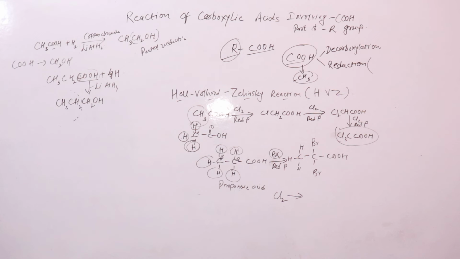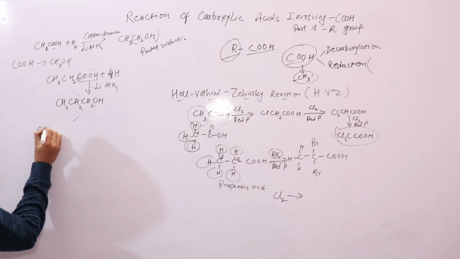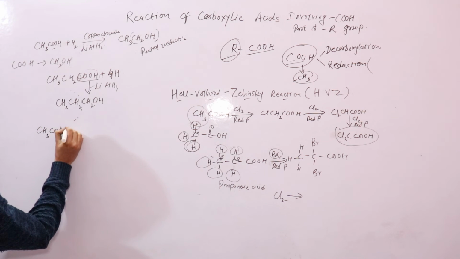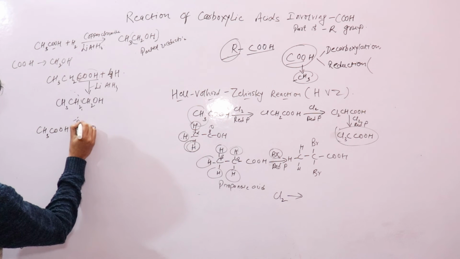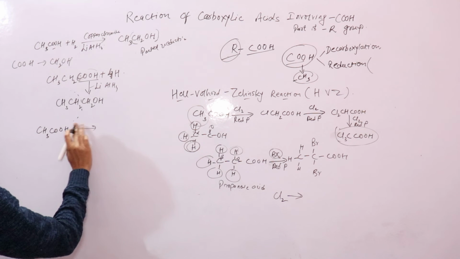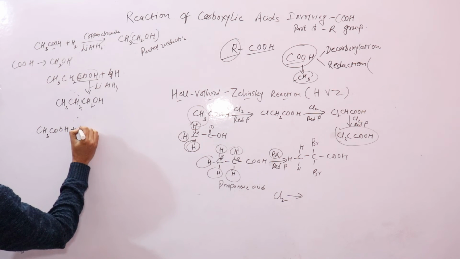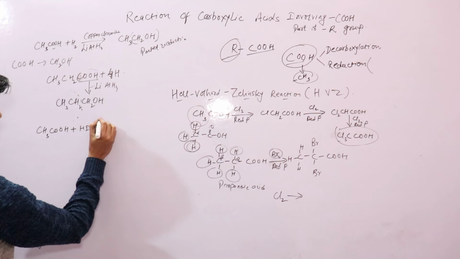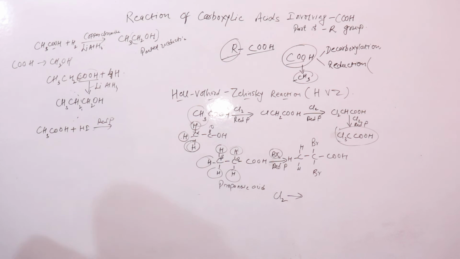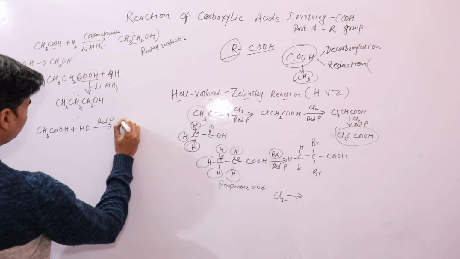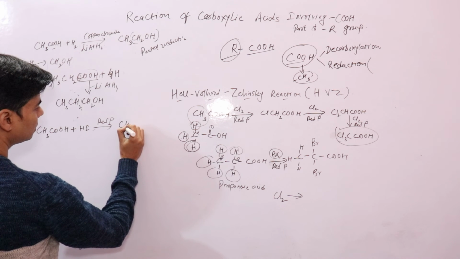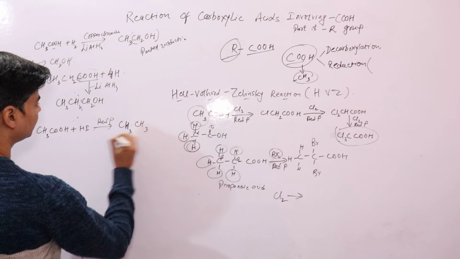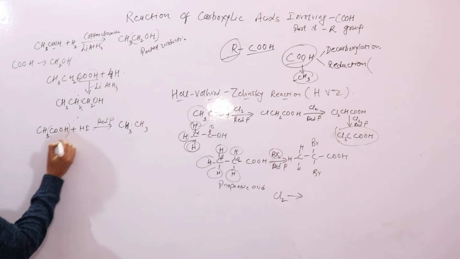Now let's look at complete reduction, right? In case of complete reduction, acetic acid is treated with hydrogen iodide in presence of red phosphorus. In presence of red phosphorus, it will form CH3CH3.